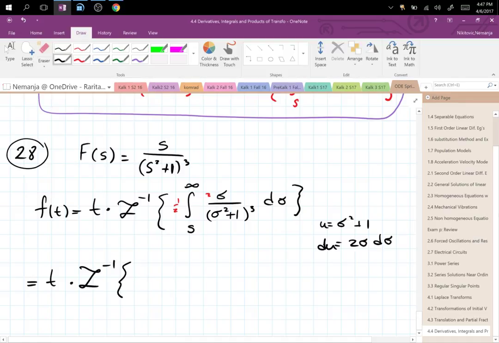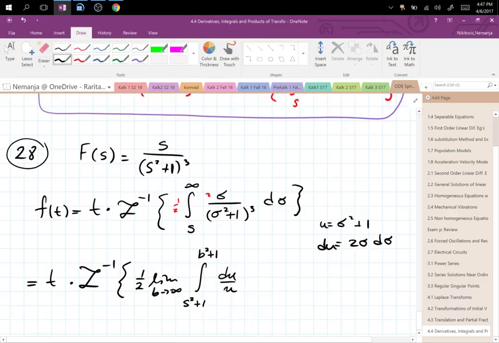So let's do this. 1/2 limit b goes to infinity, the integral from s to b, and now I have my du over u, and this limit changes into s squared plus 1, and the upper limit changes into b squared plus 1, right?